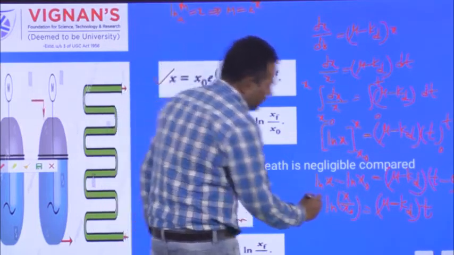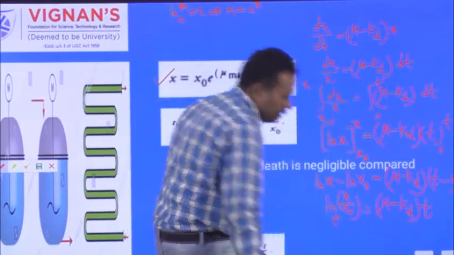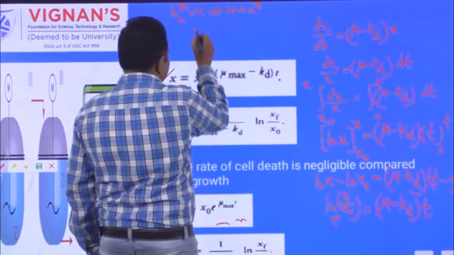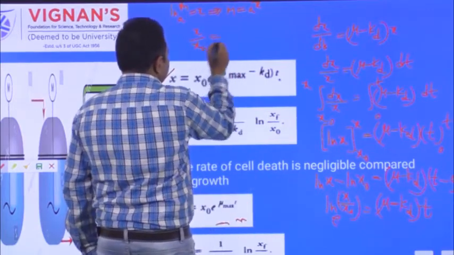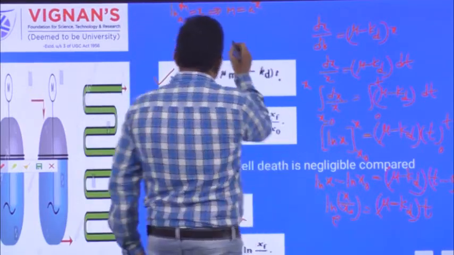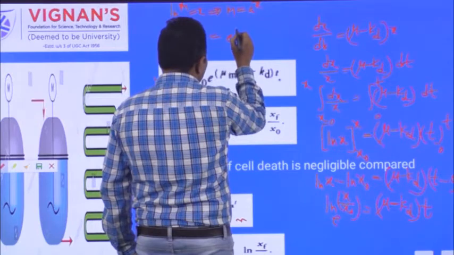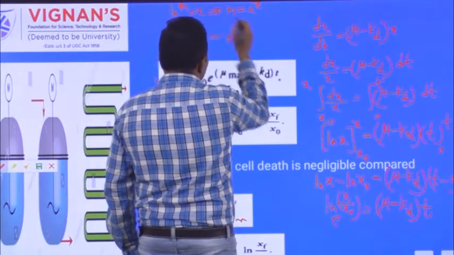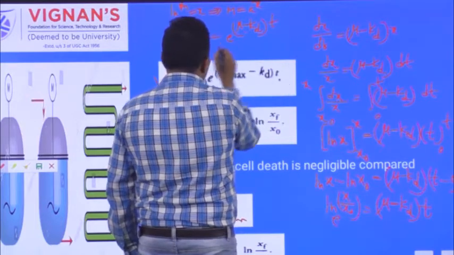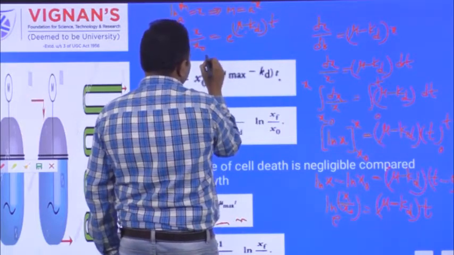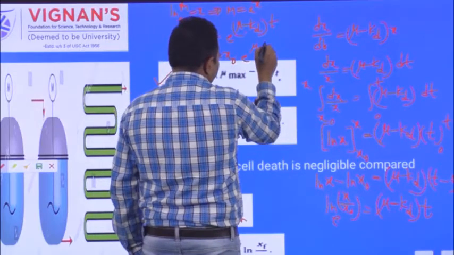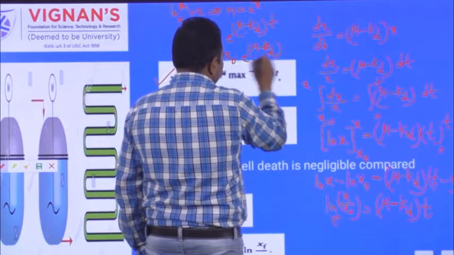Similarly here, for the natural logarithm with base e, in place of m we have x by x naught, which is equal to e to the power of mu minus kd into t. From this one you can take x naught to the right-hand side, and that becomes x is equal to x naught into e to the power of mu minus kd into t.